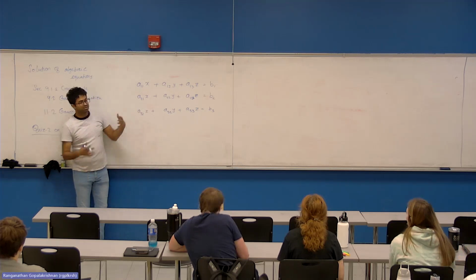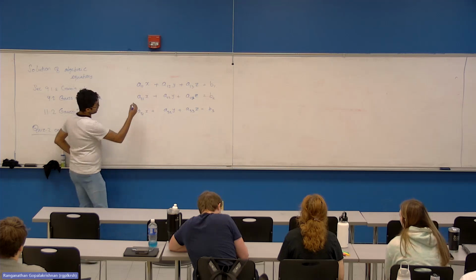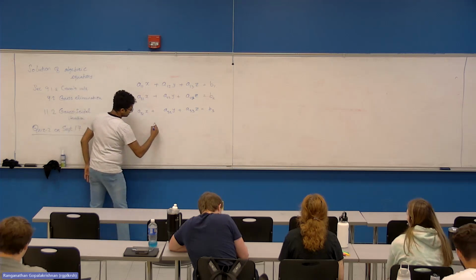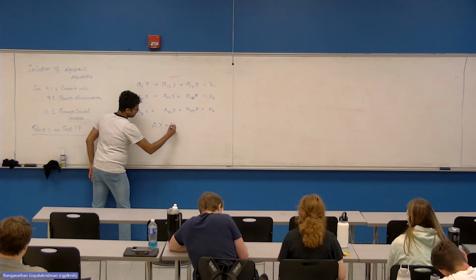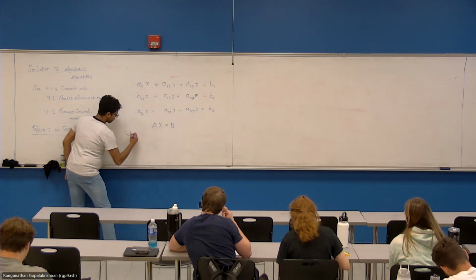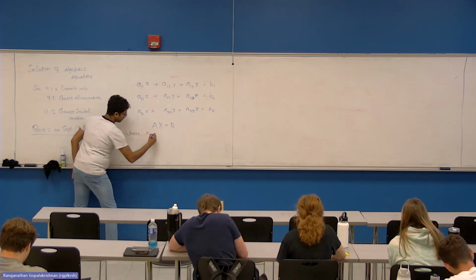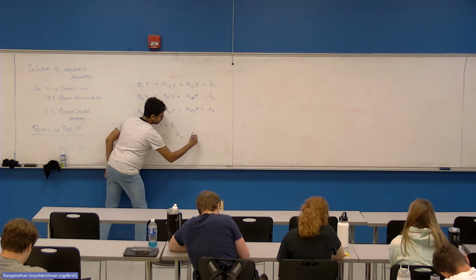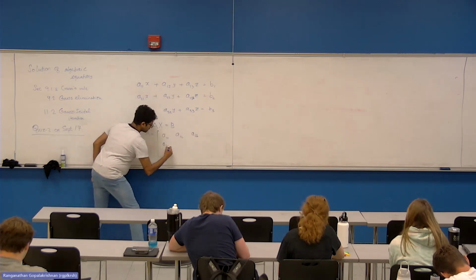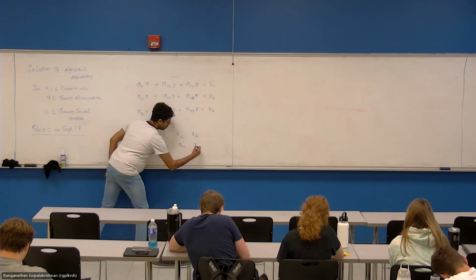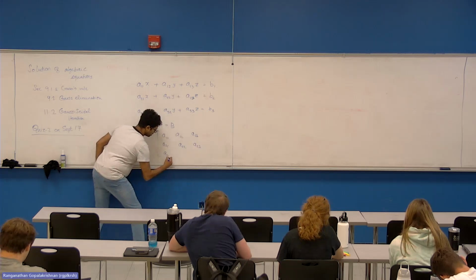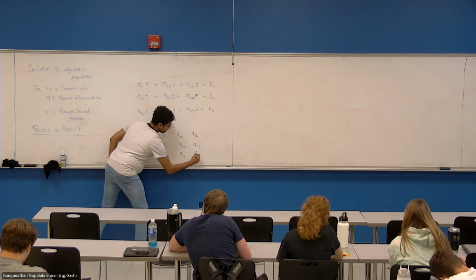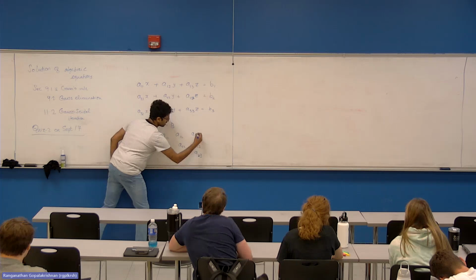Matrices. Okay, matrices are a way of representing them. That is, you can equivalently write this as A times X equal to B, where A equals the matrix with rows A11, A12, A13, A21, A22, A23, A31, A32, A33.